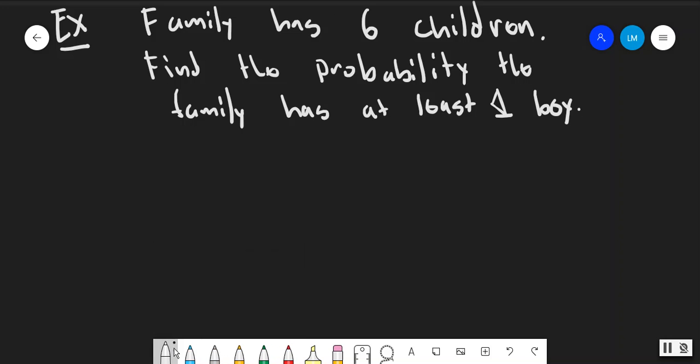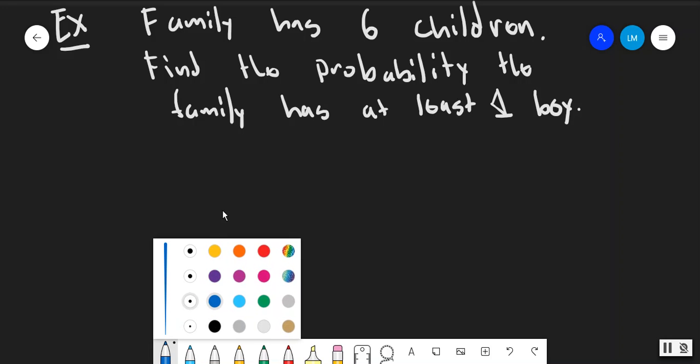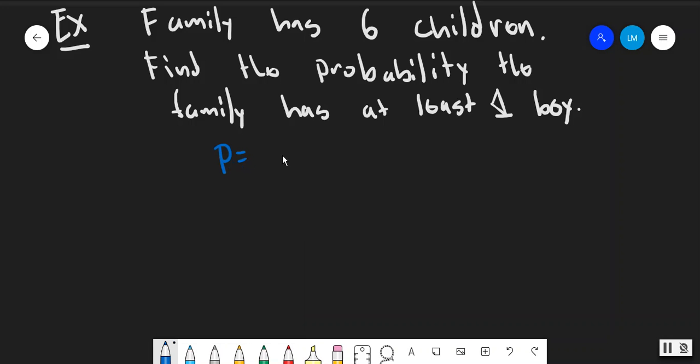So for instance, let's say that the assumptions that are going to be made are that a child being born, it's going to be one half that it's a boy. The other is that each birth has to be independent. So we have 6 independent births.